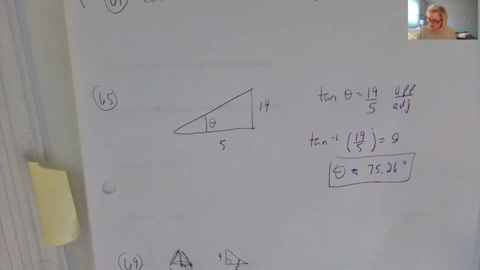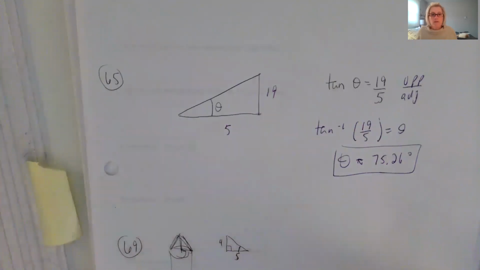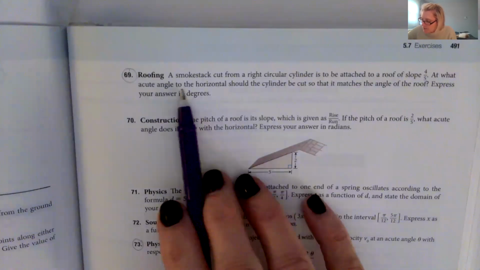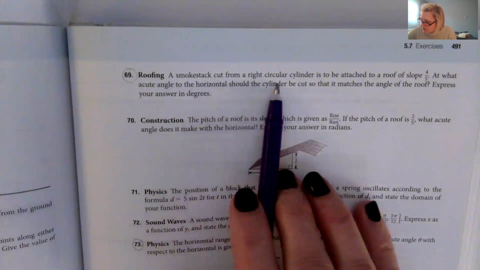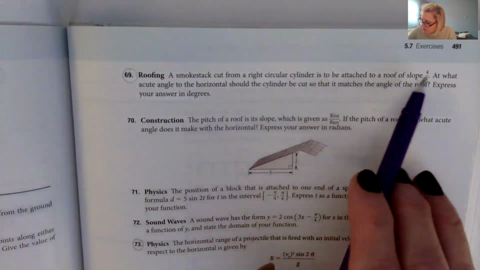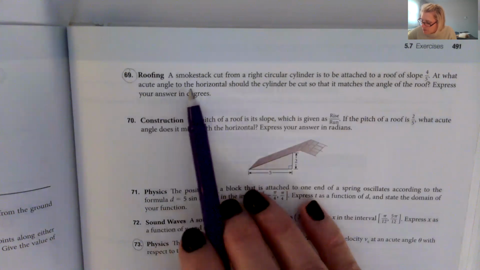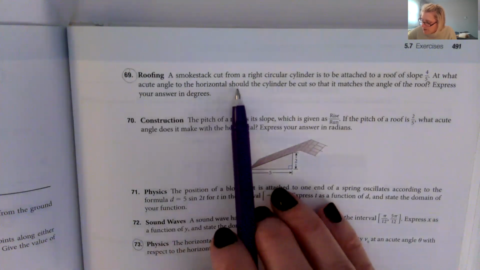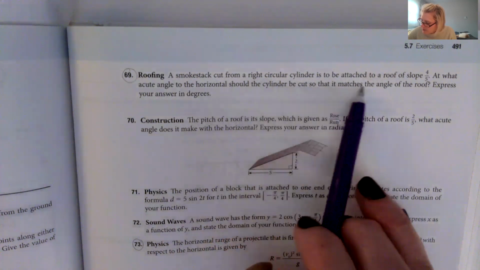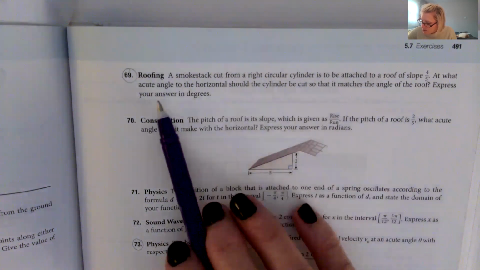Then number 69, my drawing is not great on this one. Number 69 is talking about roofing. It says a smokestack cut from a right circular cylinder is to be attached to a roof of slope 4/5. At what acute angle to the horizontal should the cylinder be cut so that it matches the angle of the roof? Express your answer in degrees.